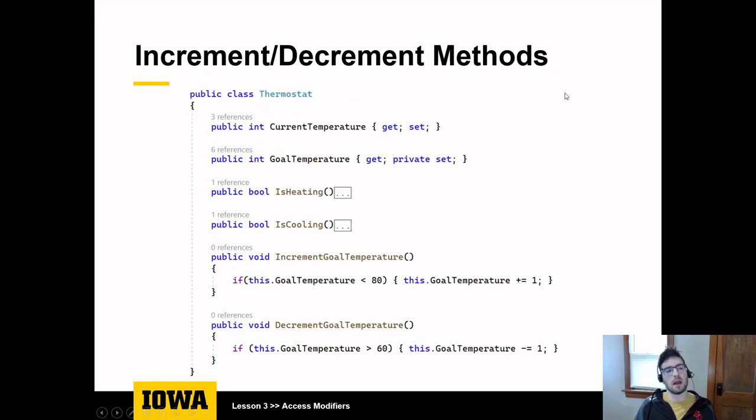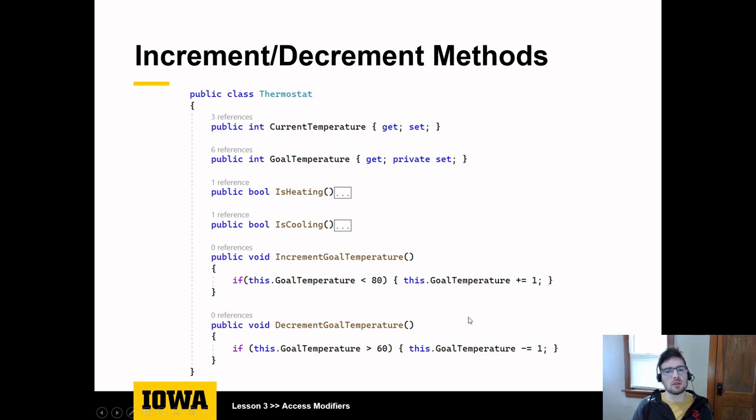So we're back in the thermostat class, and first I've collapsed the isHeating and isCooling methods. The code is still here, but I've collapsed it so that we don't have to worry about it since we already know what that code does. But more importantly, I've added these two methods: increment goal temperature and decrement goal temperature.